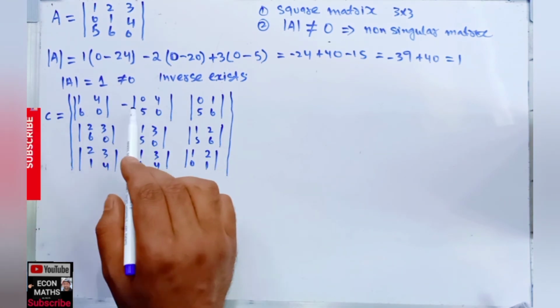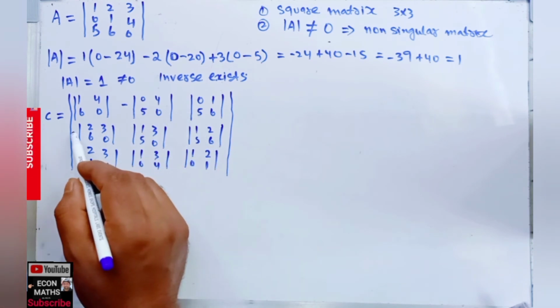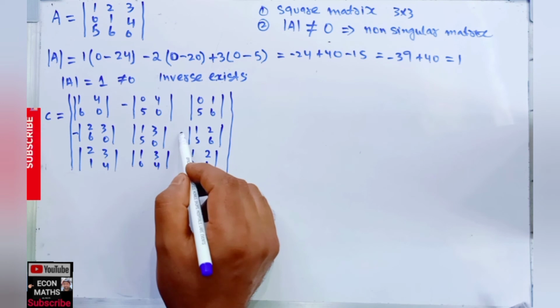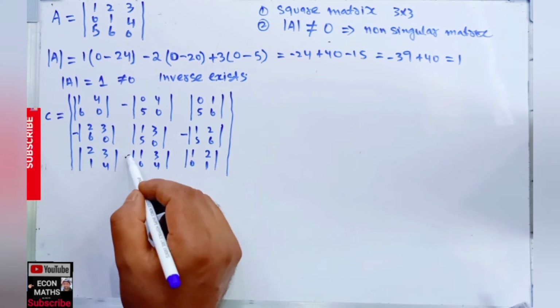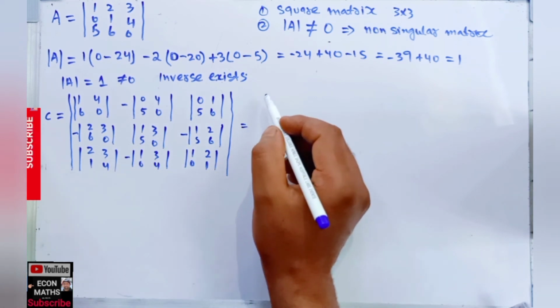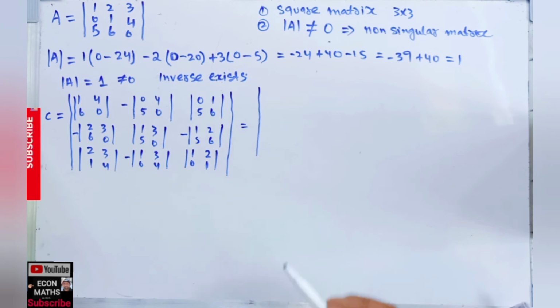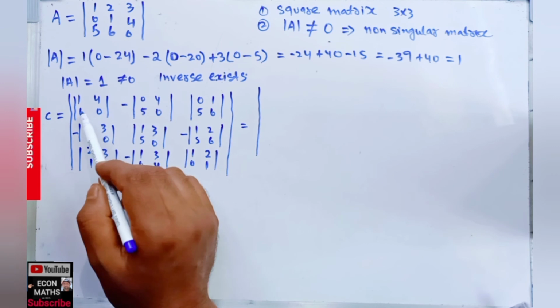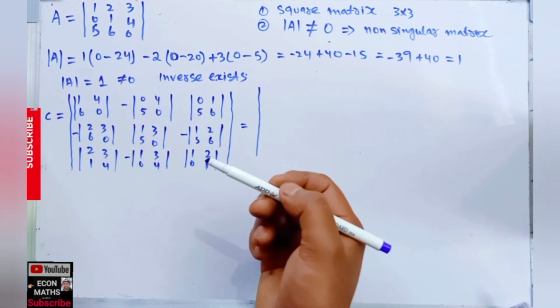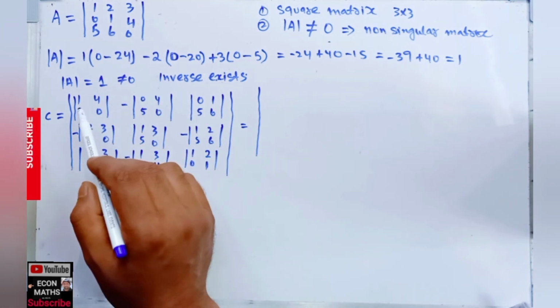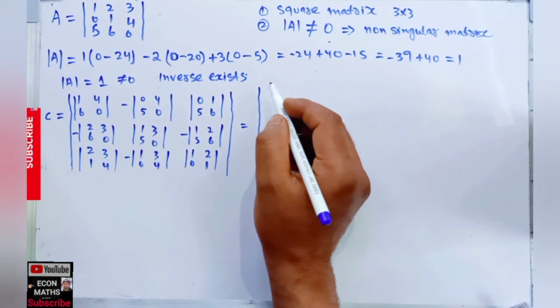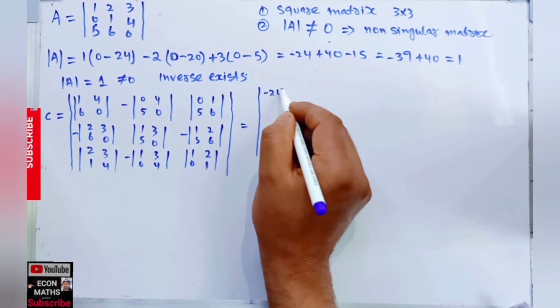Now first is positive, second is negative, third is positive, fourth is negative. That is alternating. We change the sign. Now multiplying this, this is 1 zeros are 0 minus 24, so we will get here minus 24.